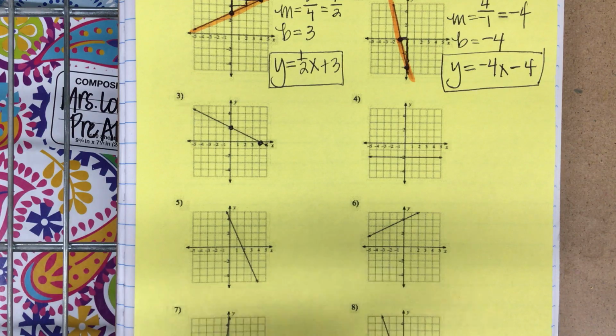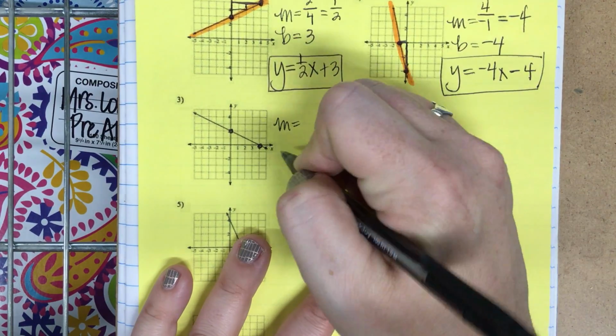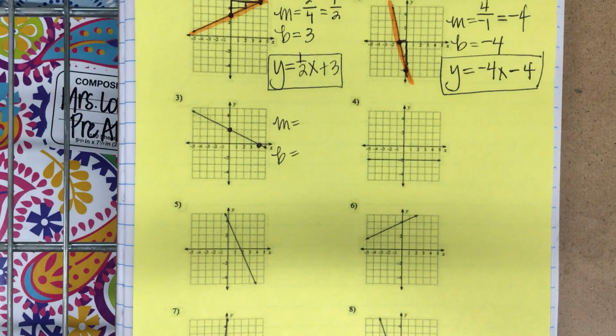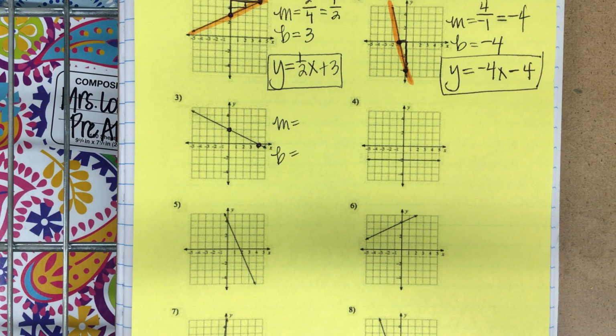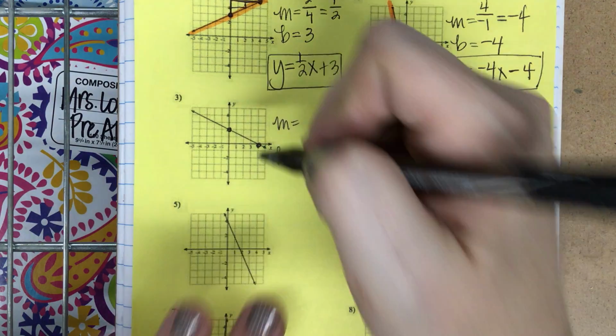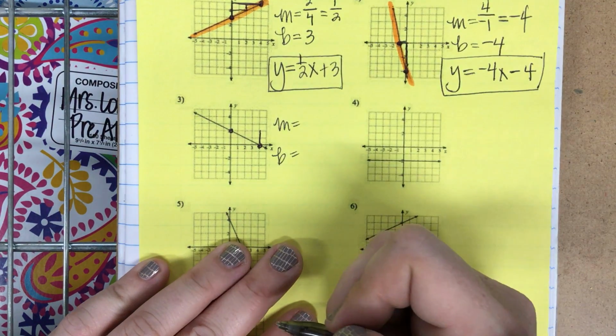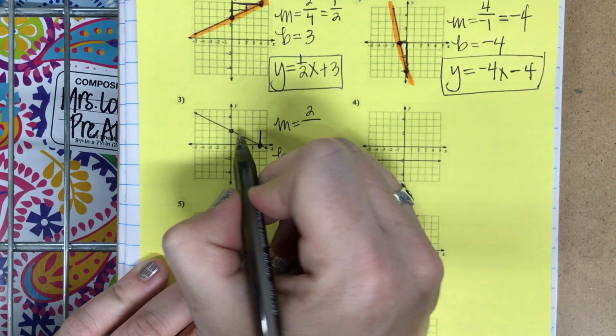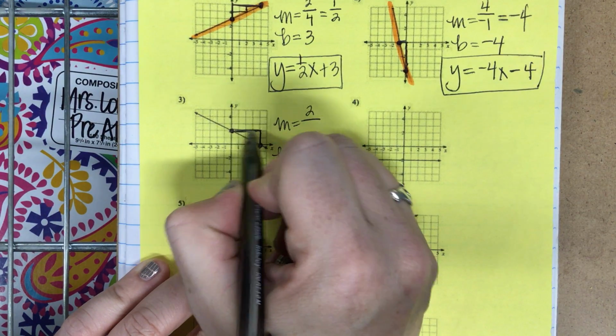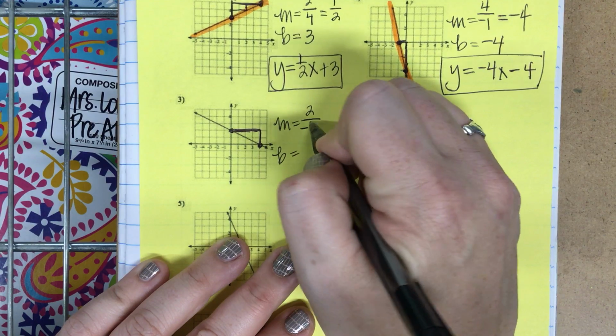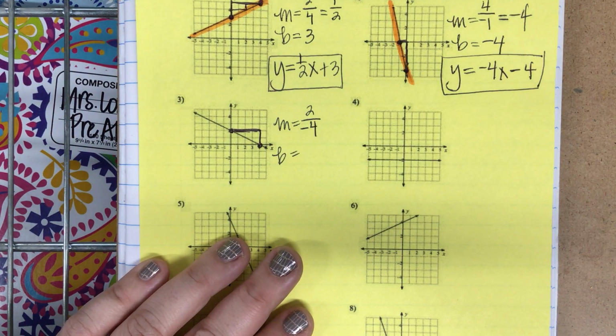Number 3, m equals, b equals. What's your slope? What's your rise over run? So I go up 2 and over -4, correct?